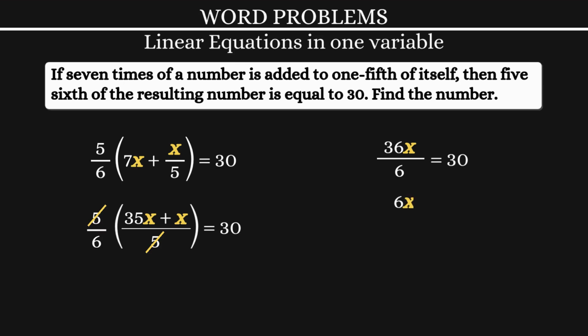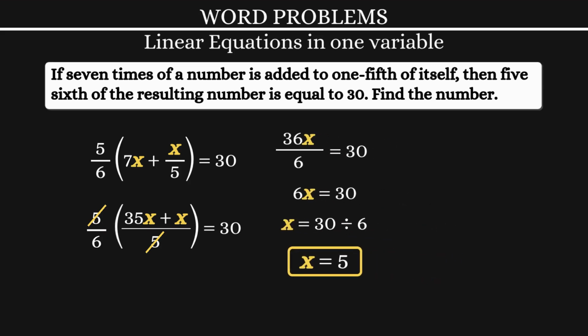So we have 6x is equal to 30, and x is equal to 30 divided by 6, which is 5. Now let's check. 7 times this number is 35, and 1/5 is 1. 35 plus 1 is 36, and then we take 5/6 of 36, which gives us 30. So our answer is right.